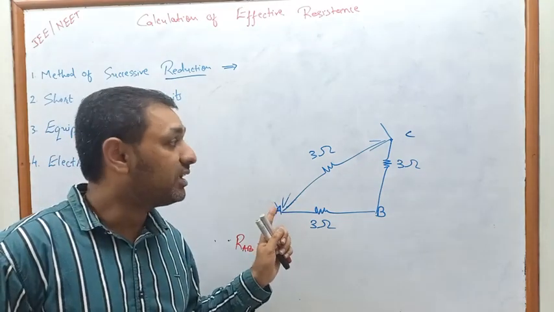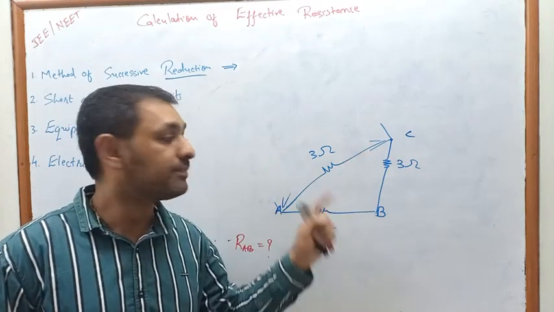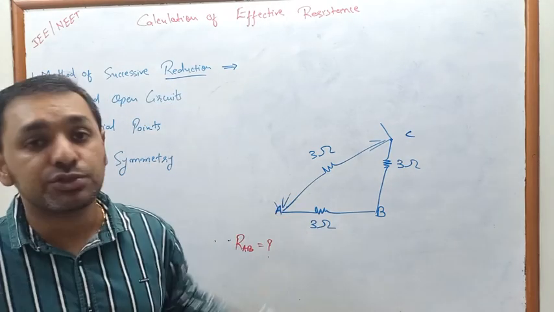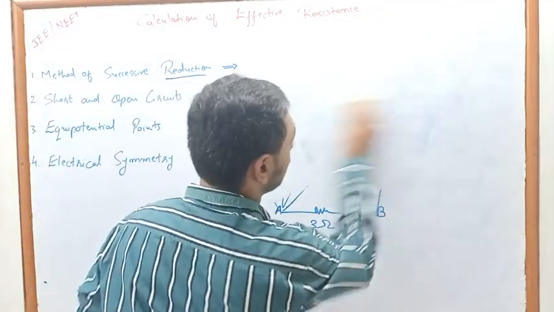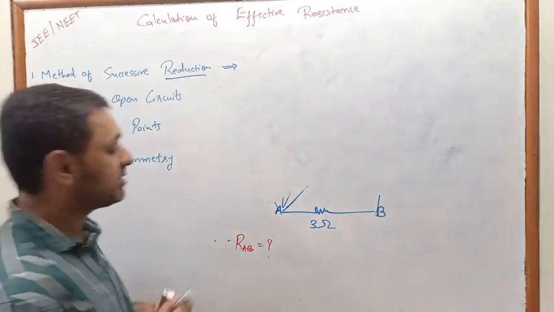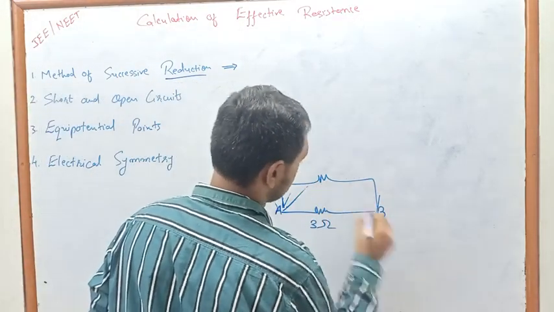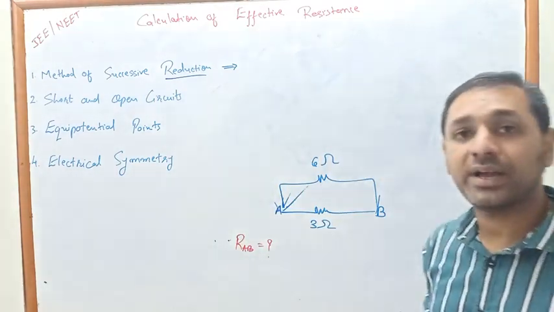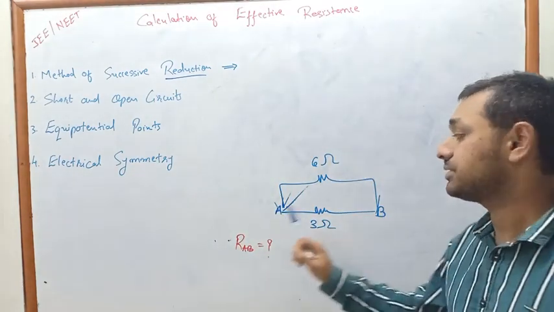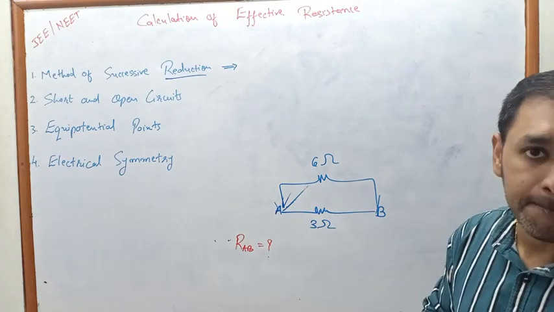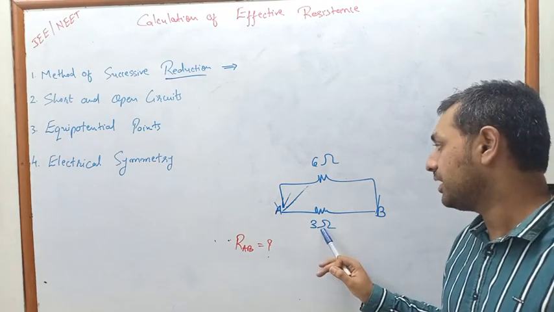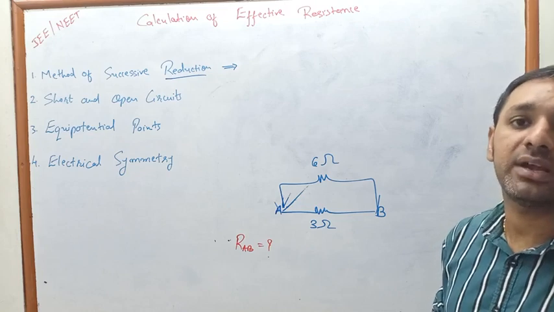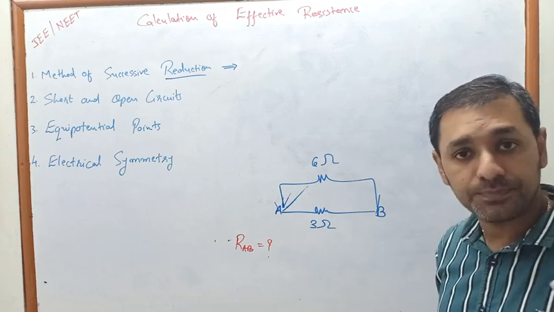Again, consider point A and C and D, 3 and 3 are in series. So instead of these two resistors, I can put one resistor whose resistance is 6 ohm. What you have to find is the effective resistance between A and B, means this 3 ohm and 6 ohm are in parallel and you have to find the equivalent resistance of these two.